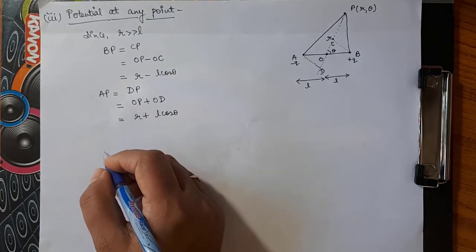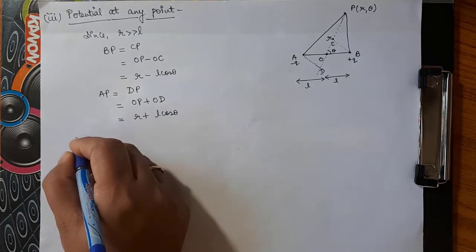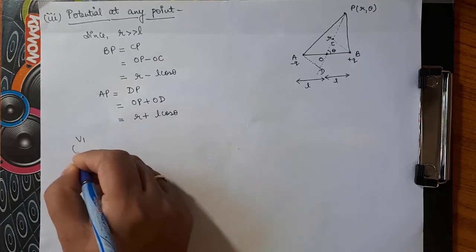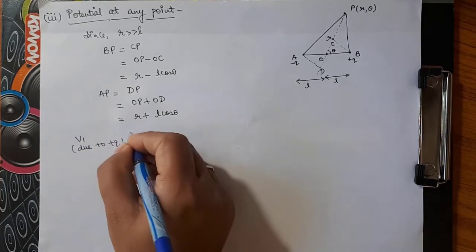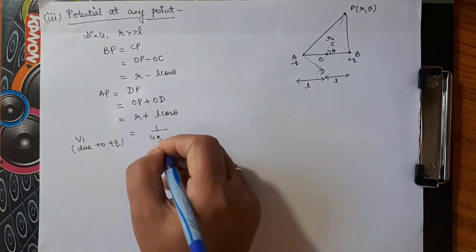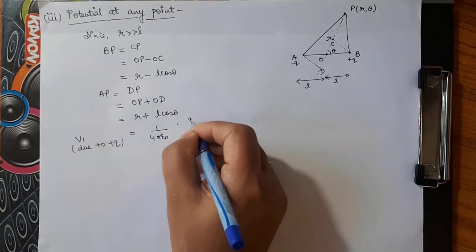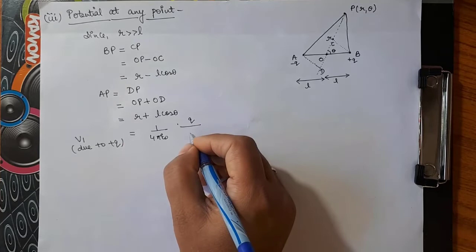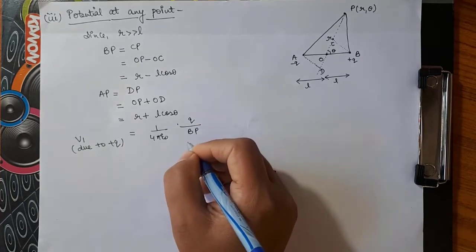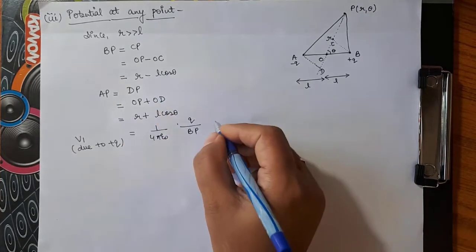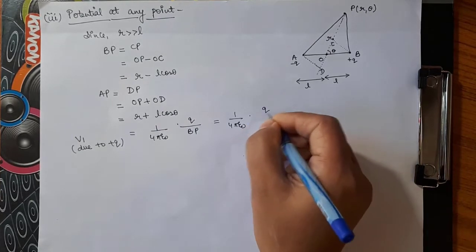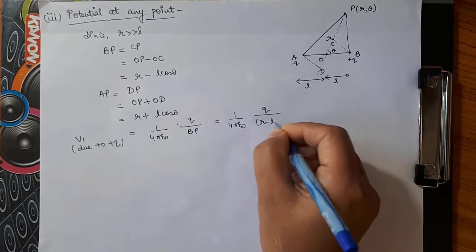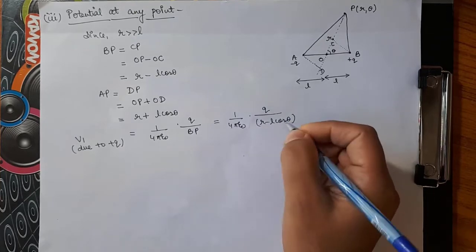Now the potential at point P due to charge plus q, which is present at position B, is equal to 1 upon 4 pi epsilon naught into q upon the distance. Here it is BP, and BP we have just calculated. It is 1 upon 4 pi epsilon naught q upon r minus L cos theta.